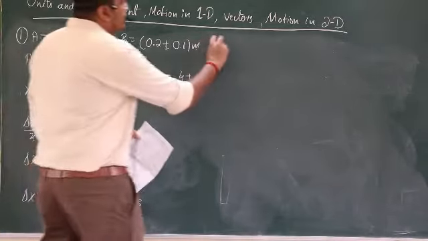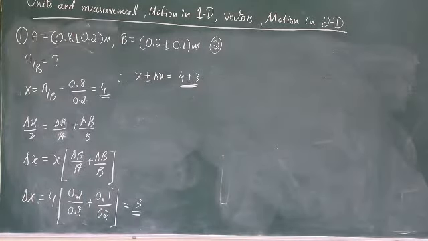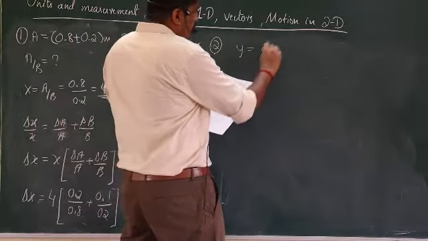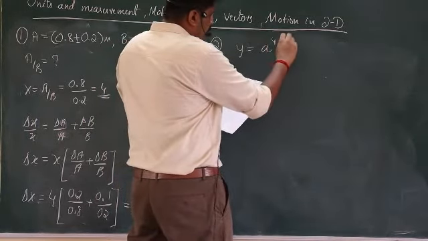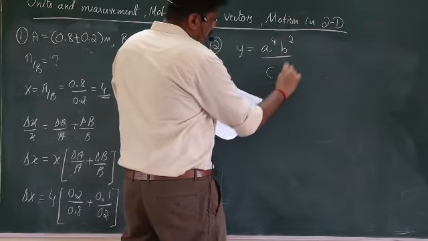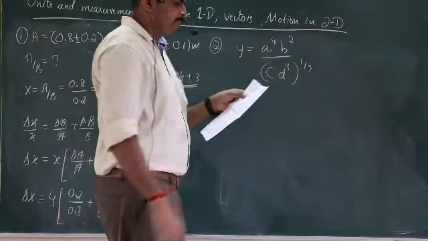So let us go for question number 2. Hope this is clear. Have a look properly. So question number 2. What is the question? Question number 2 is all about ratios. Y equal to A power 4 B power 2 divided by C D power 4, whole power 1 by 3.